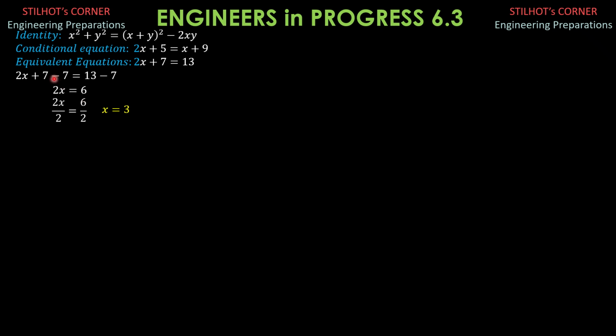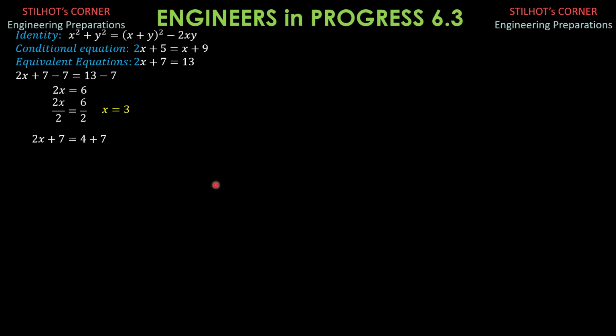So it's like this. We subtract 7 from both sides of the equation. As another example, 2x plus 7 equals 4 plus 7. It's like adding the same values to each side of the equation. So it's also like subtracting 7 from both sides of the equation or transposing one value to the other side, and the sign will change.